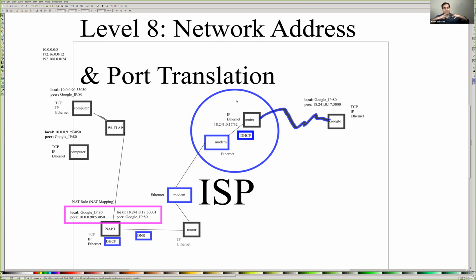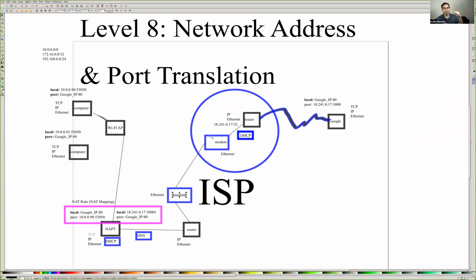Yesterday, we talked about the history of home networking, starting at level 1, where you're plugging into a modem, and getting up to level 8, where you have a box in your house that is a Wi-Fi access point that does the link layer, talks wireless Ethernet to you, is a network address and port translator, a NAT, and a DHCP server handing out private IP addresses, 10.0.0.0, and a DNS server resolving your program's requests, and an IP router, and sometimes the same box is a modem that converts from Ethernet to something that goes long distance over a cable link or a fiber link. So I hope that was a comprehensible lecture.